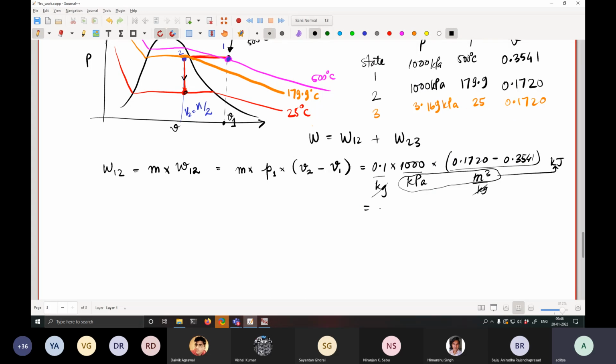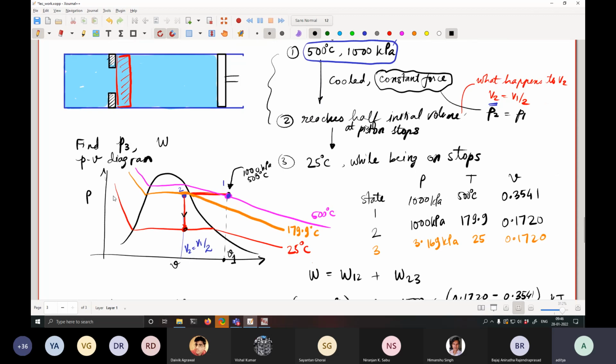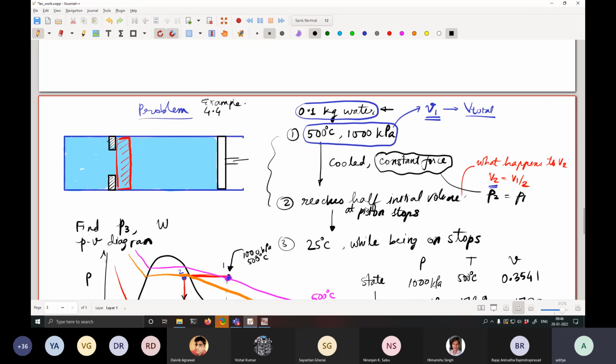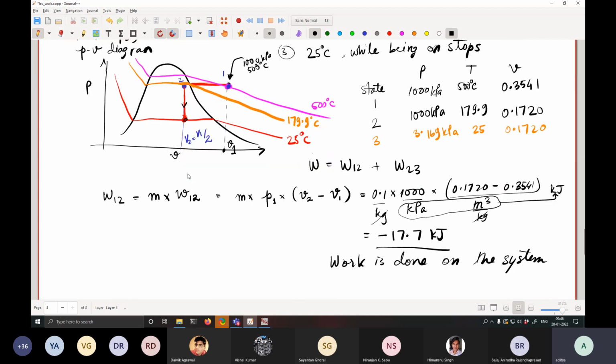What does it imply? That work is being done on the system. That should be clear, because you are actually applying force to reduce the volume. So you're doing work on the system, and that is why it comes out to be negative.